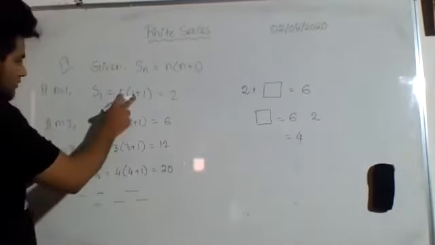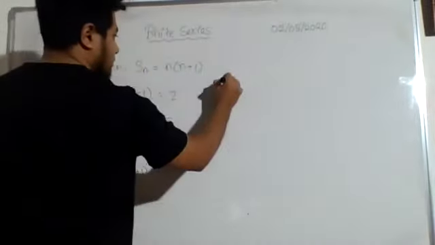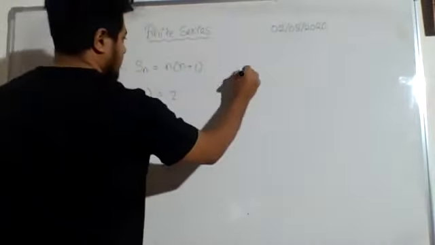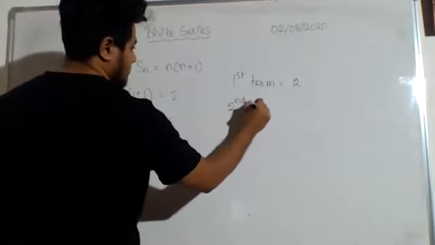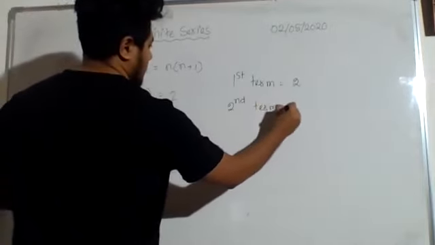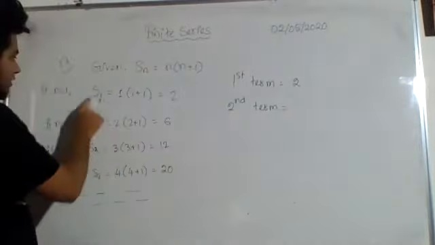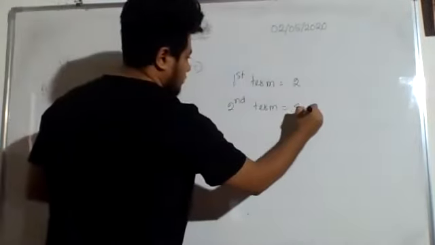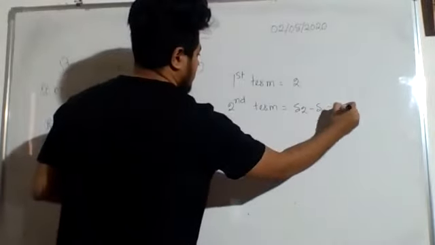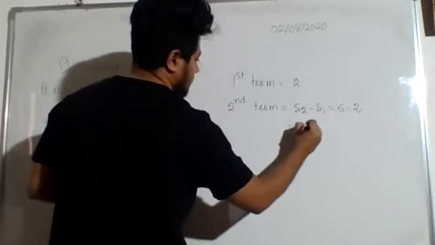In a similar manner, we can find out the rest. So the first term is equal to 2, and the second term is S2 minus S1, which is 6 minus 2, equal to 4.